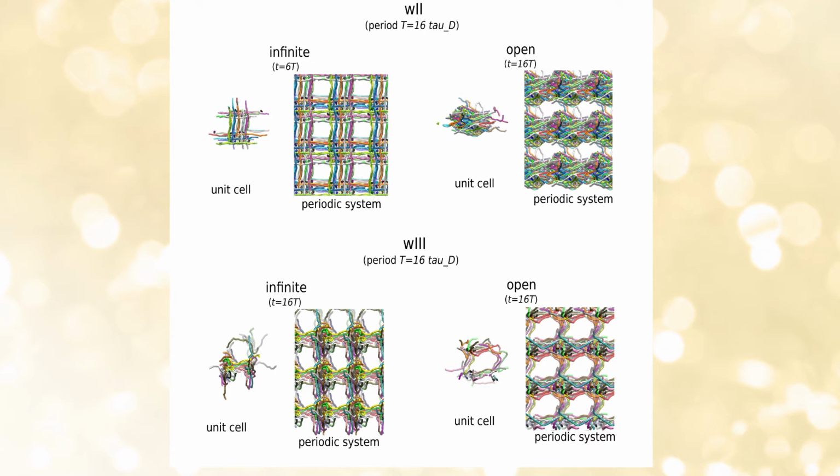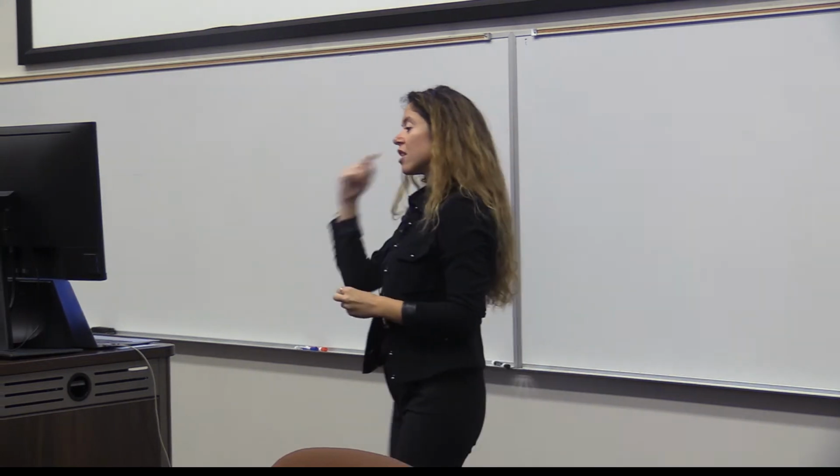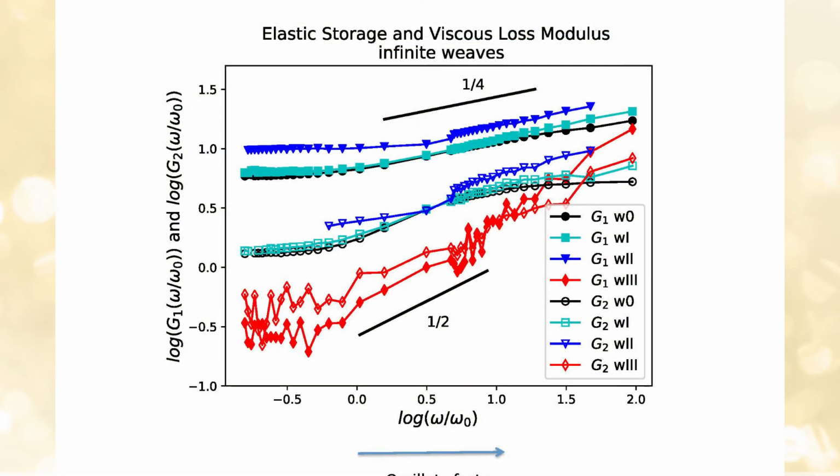In solid symbols, you see how solid-like the material is. Now we oscillate faster, and you see in all these cases, the blue and black, the material is, even for low frequencies, more solid-like than liquid-like, okay?